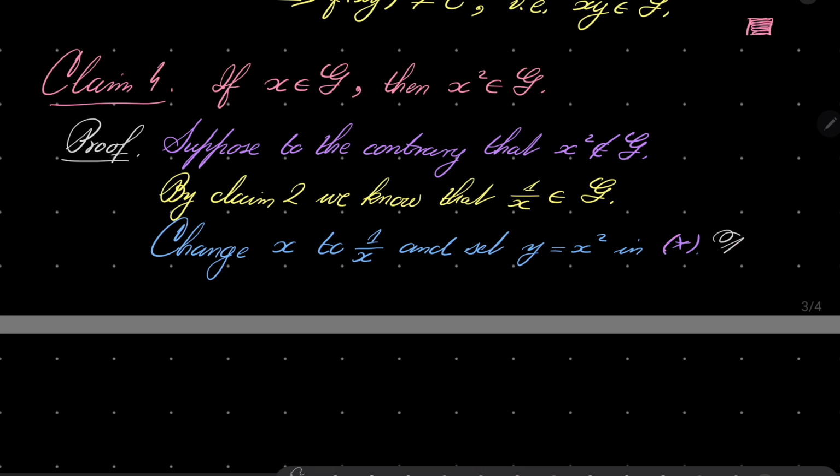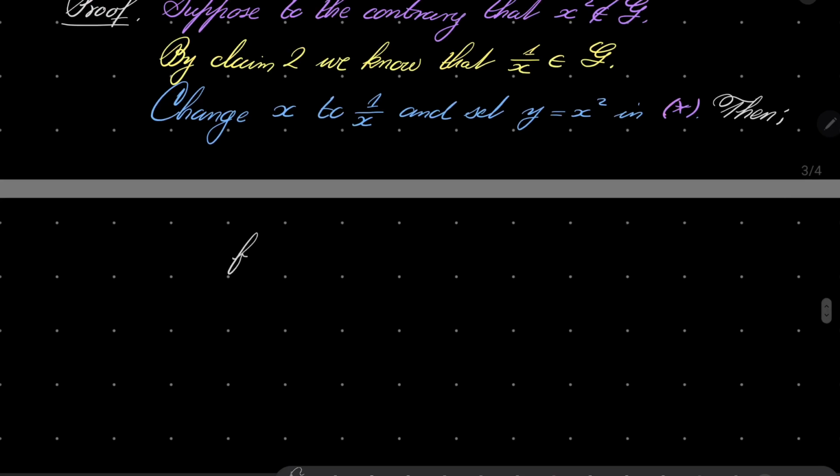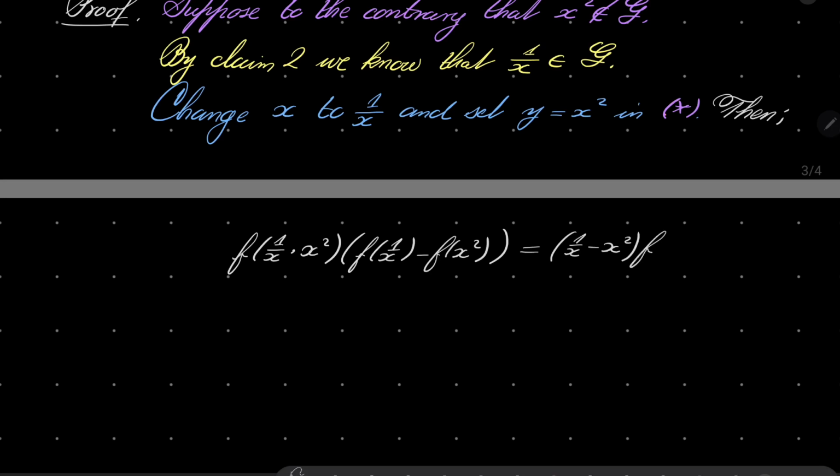Then we have the following. f of xy, but xy is 1 over x times x squared, times f of 1 over x minus f of x squared equals 1 over x minus x squared, f of 1 over x, f of x squared.